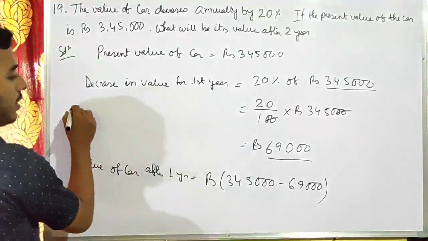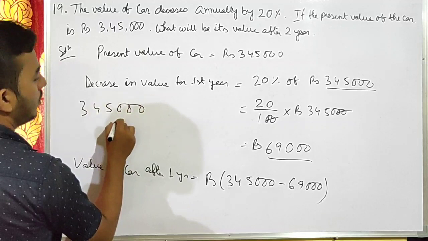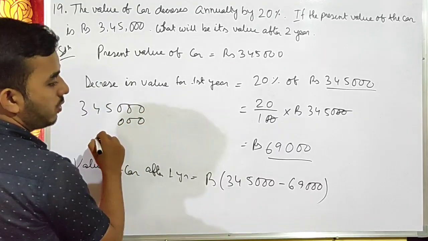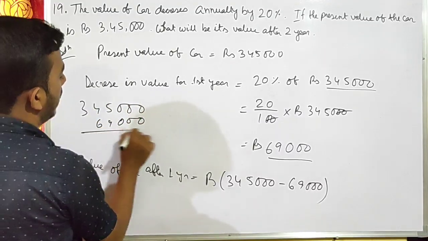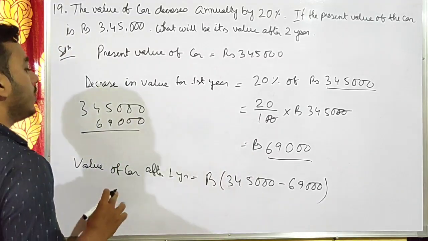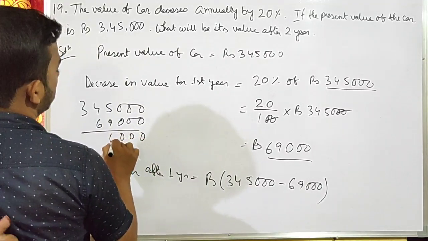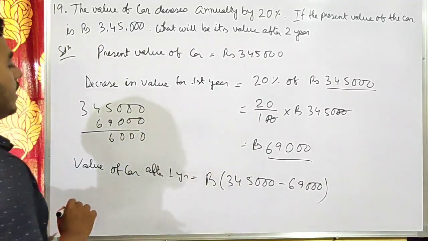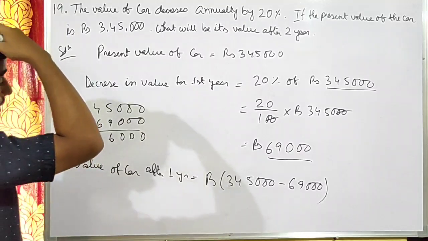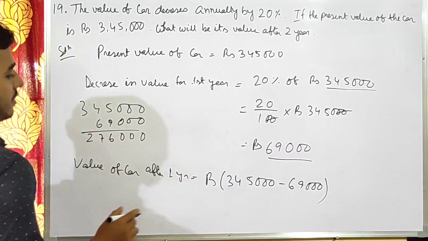Now let's subtract. 15 minus 9 is 6. Here it is 13. 13 minus 6 is 7, isn't it? So here it will be 276.